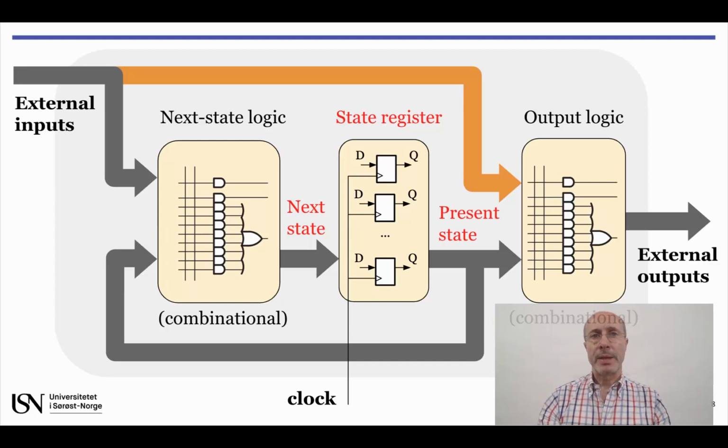If it is present, then the external outputs can change at any time, since it is unpredictable when the external inputs will change. However, if the orange connection is not present, then the external outputs will change synchronously with the clock signal, since the present state changes with the rising edge of the clock.